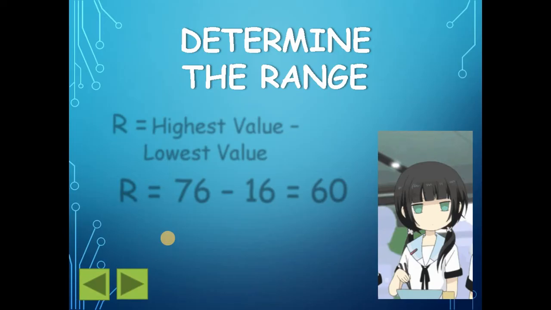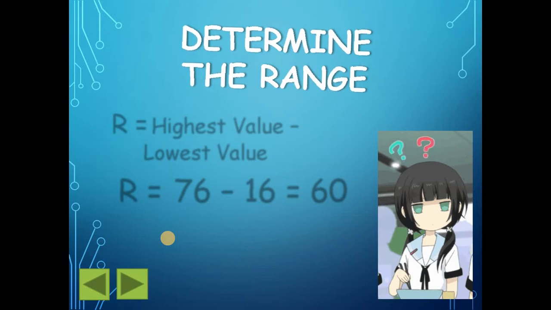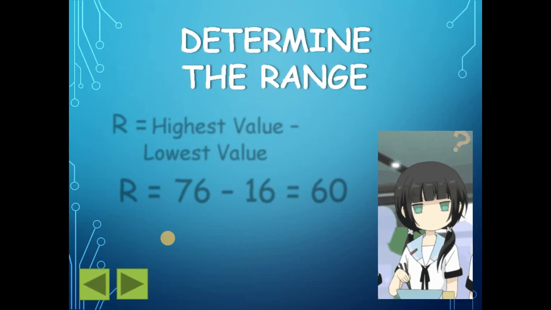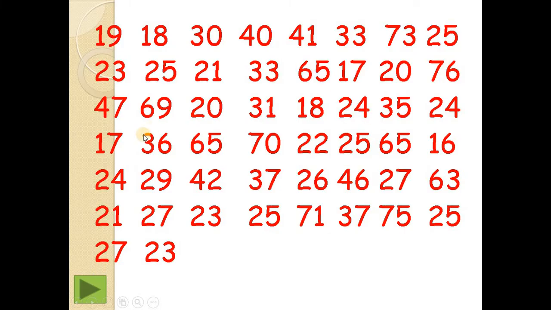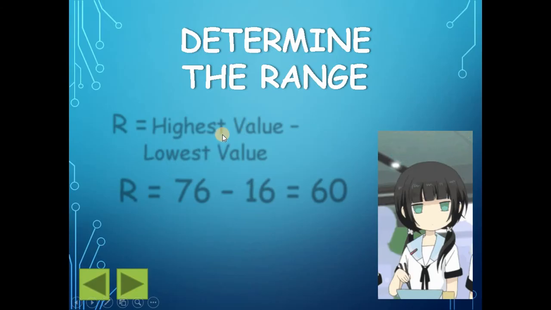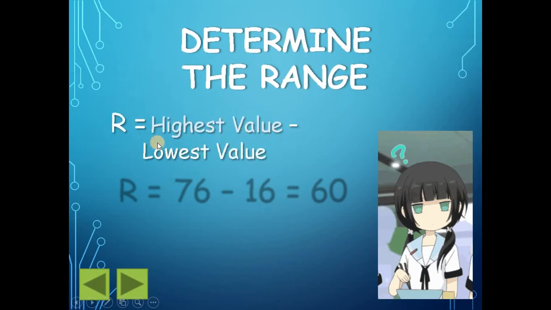First, we need to make the range. How to get the range? First, we need to get the highest value or the biggest value. So let's go back to the data. What do you think is the biggest value here? Yes, it is 76. So we put that as our highest value, and we subtract the lowest value.